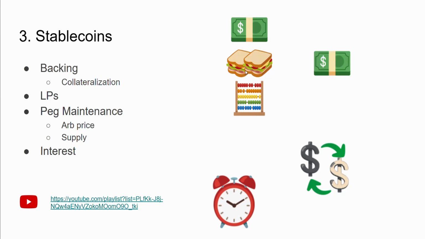If this sandwich token is very risky and highly volatile and might even be worthless in the future, then your stablecoin is going to be worthless because it has to be redeemed back to sandwiches. So the only way to get out of this is to redeem to sandwiches or to trade it.